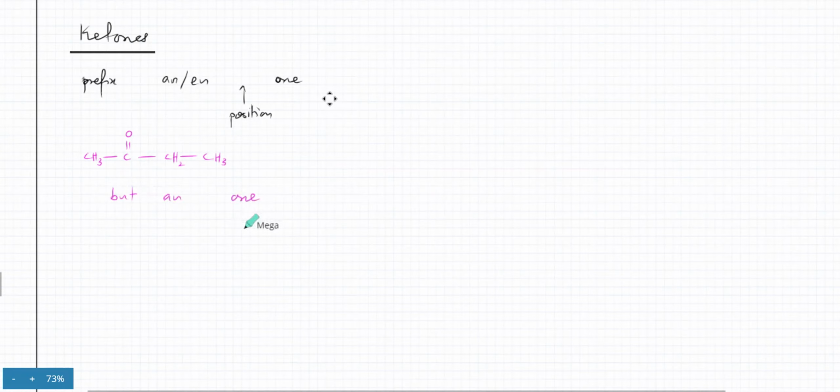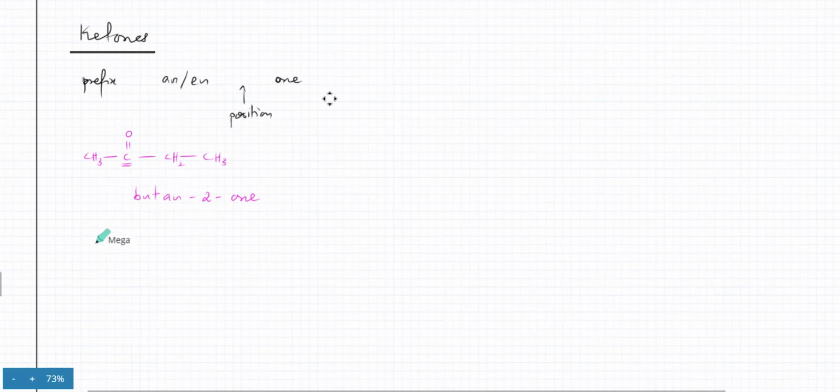So it's butanone. This ketone group is at position number 2, so it's butan-2-one. Is this clear? Rida, is this clear? Bazga, clear? Ibrar? Yes, sir. So this one is butanone.